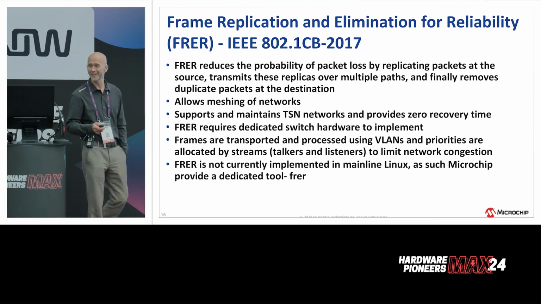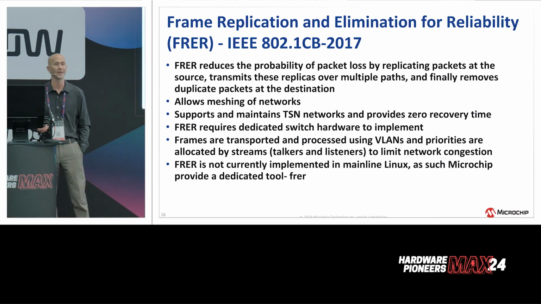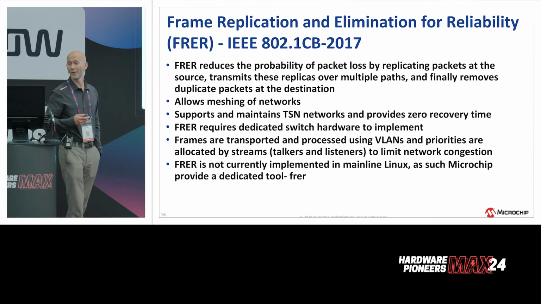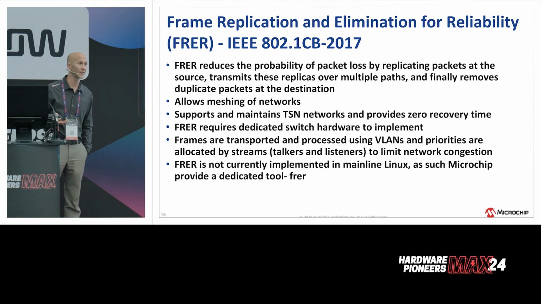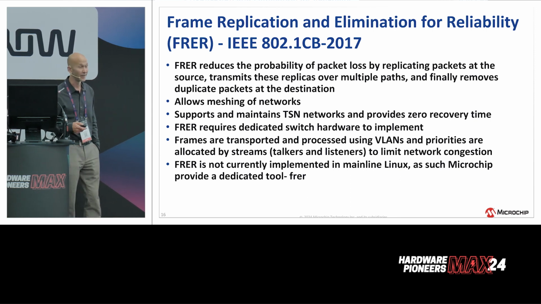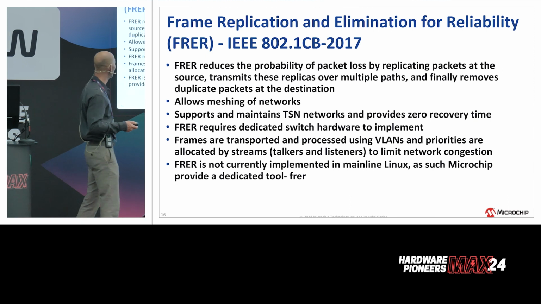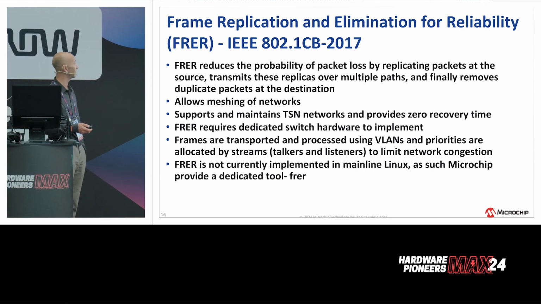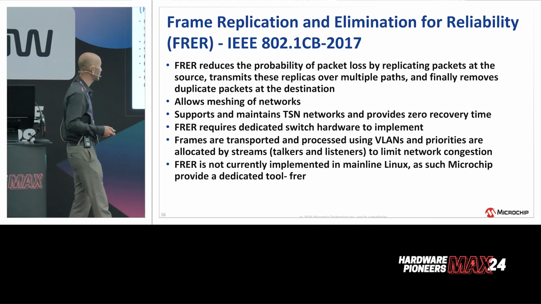It reduces the probability of packet loss by replicating packets at their source. It transmits these packets over multiple paths, typically a ladder type configuration, and finally removes duplicate packets at the destination. It does allow for mesh networks. It supports and maintains TSN, time-sensitive networks, seamlessly, and provides zero recovery time. It does, however, require dedicated switch hardware to implement.